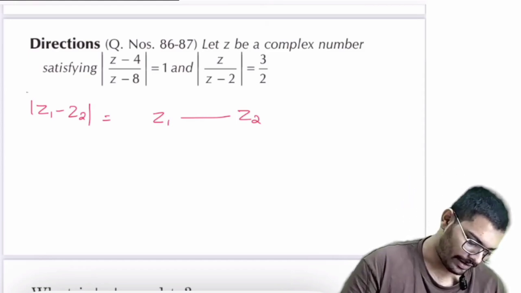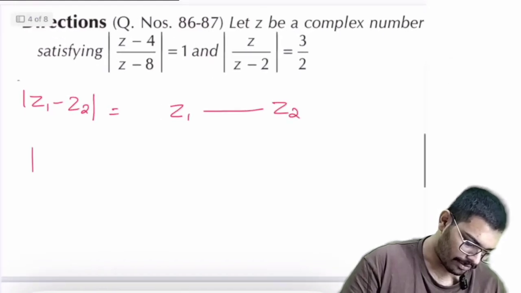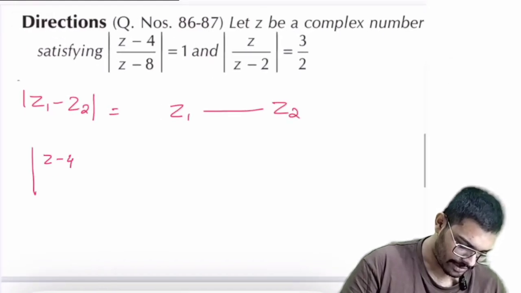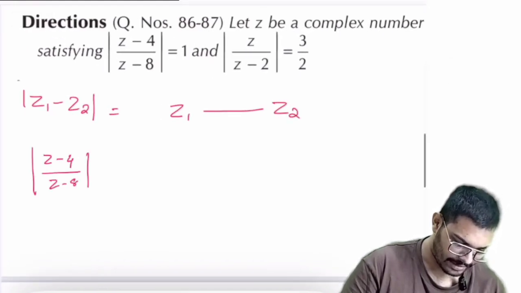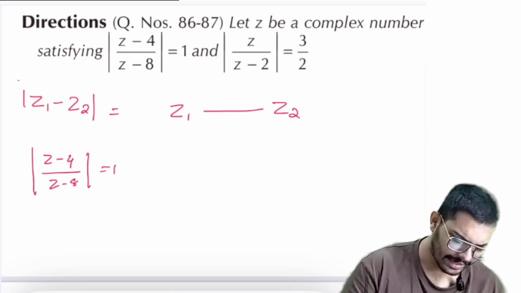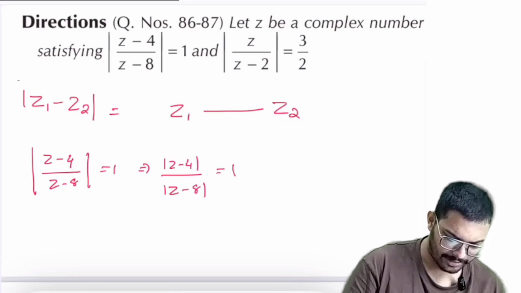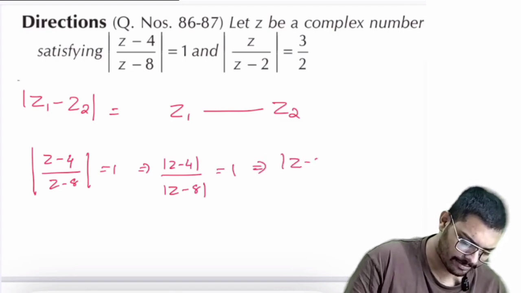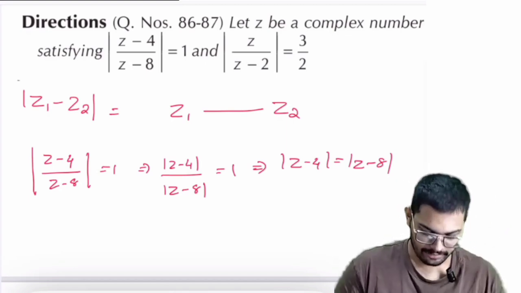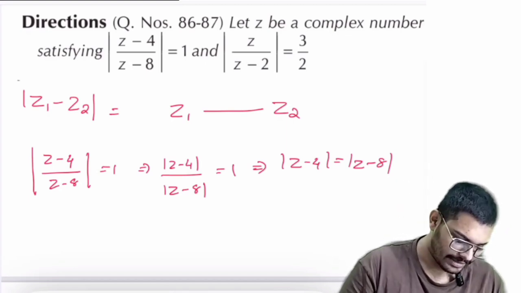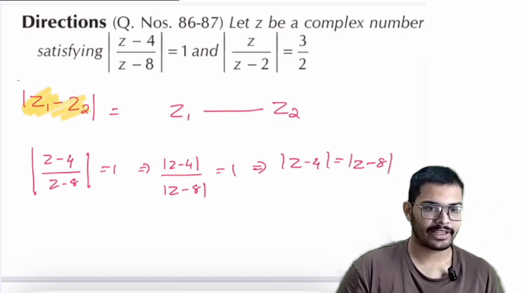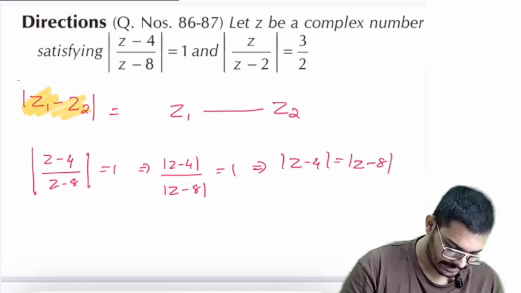Therefore, when you take the first condition, modulus of (z minus 4) divided by (z minus 8) equals 1. You can split it as mod of z minus 4 divided by modulus of z minus 8 equals 1, that is, modulus of z minus 4 equals modulus of z minus 8. Compare with this concept: this is the distance between z1 and z2.